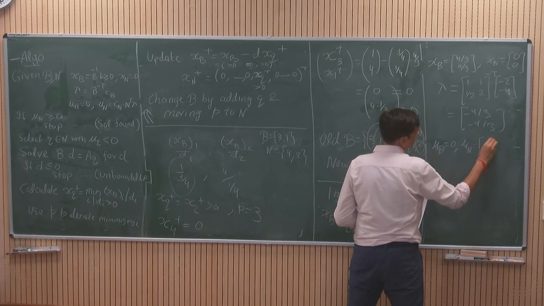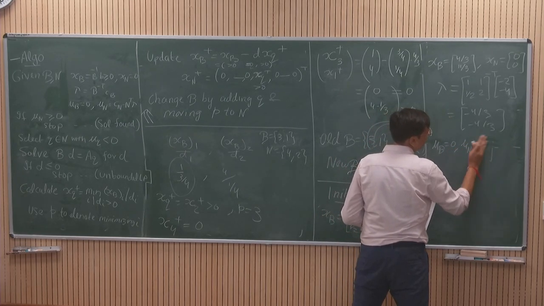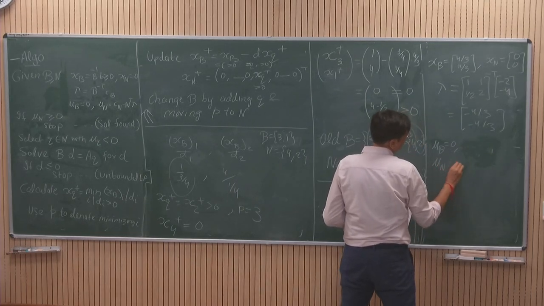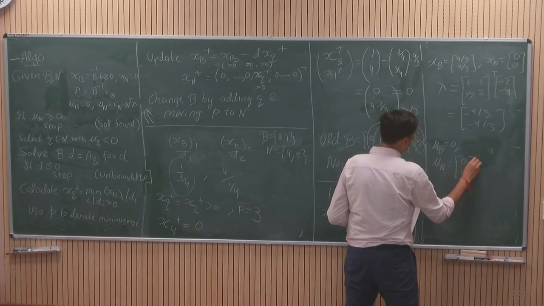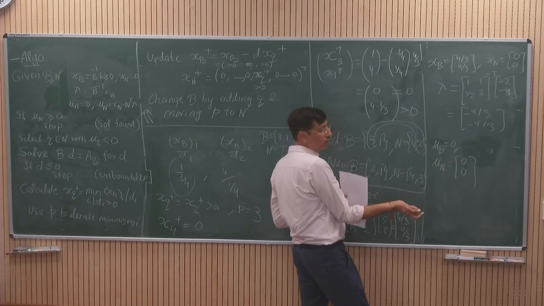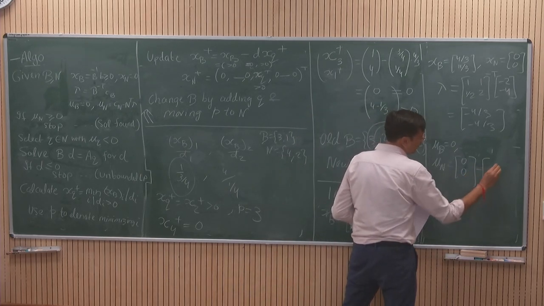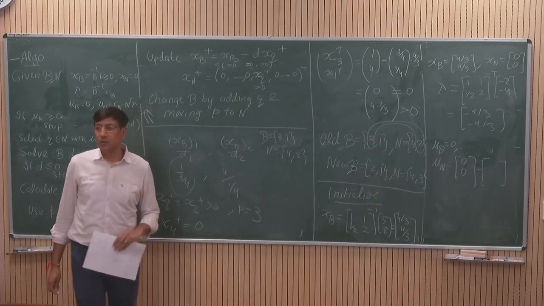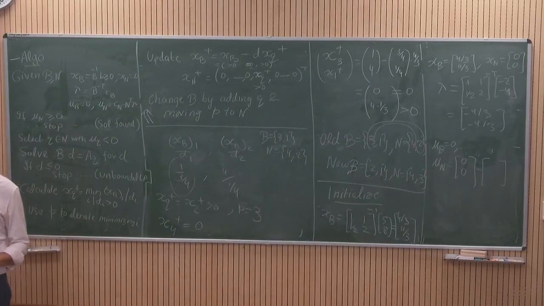What is mu n? It is Cn minus n transpose lambda. Cn remains 0, 0. Whether you take 4, 3 or 3, 4, it's just 0. What is your n? N is the last two columns reversed. So it's not the identity matrix. It was 1, 0, 0, 1.